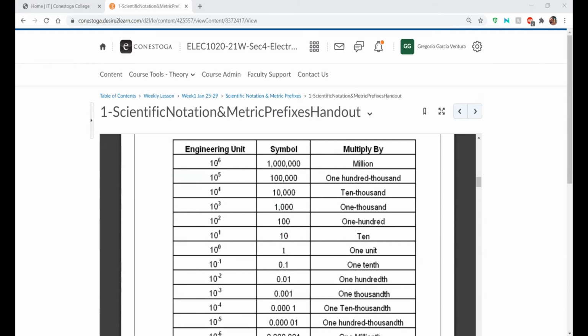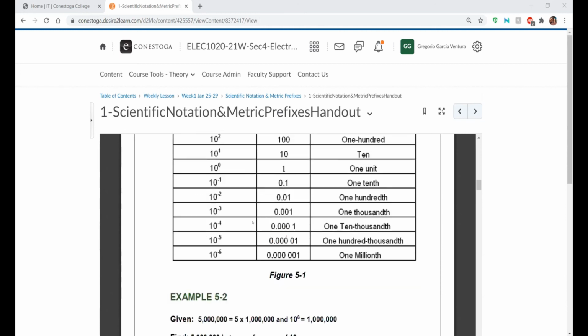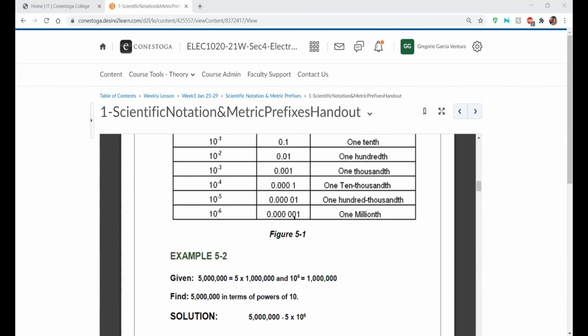Whenever we say that we have 10 to the 6th, the number 10 with the exponent 6 means that we have a million. 10 to the 6 is a million, 10 to the 5 is 100,000, and so on and so forth. So with that in mind, whenever we are given any quantity, like 5 million, you already can see this explanation here.